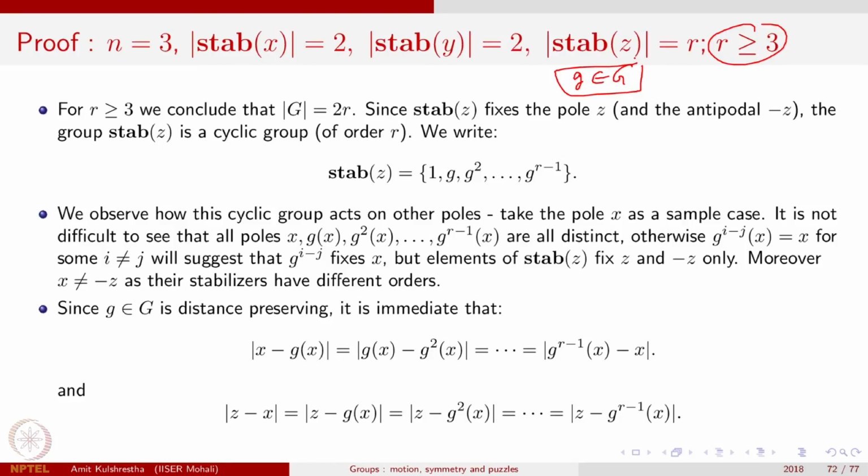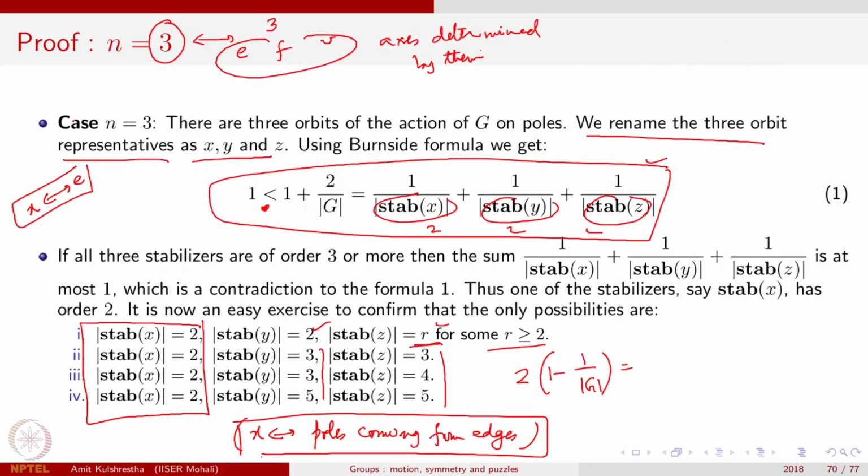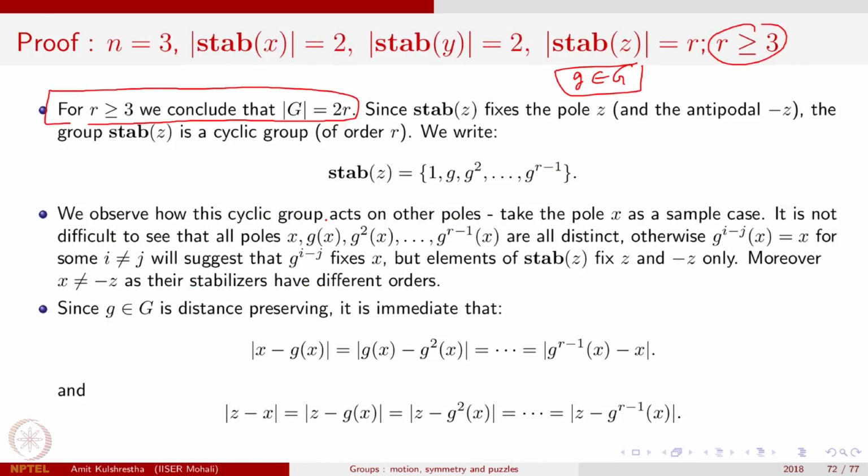So first thing to observe is that if r is greater than or equal to 3, then the size of G is twice r. How do we get it? Again, from one of the formulas, this one. Just put 1 by 2, 1 by 2 and 1 by r. So you will get that G is of order 2r.